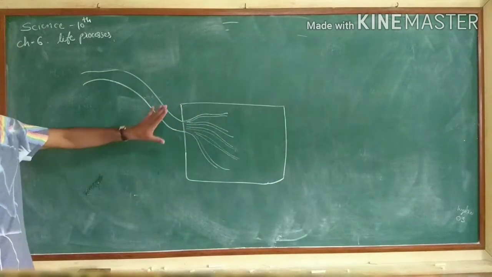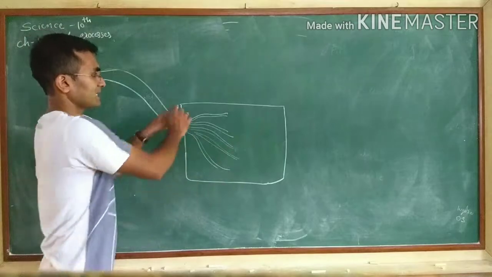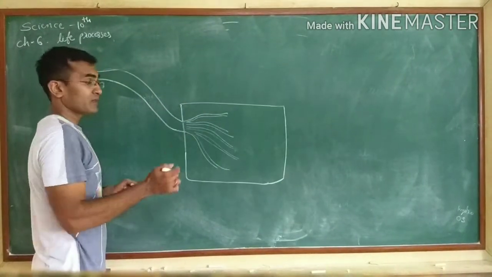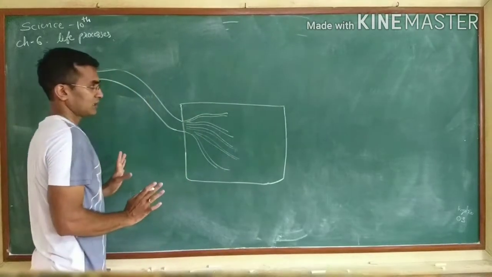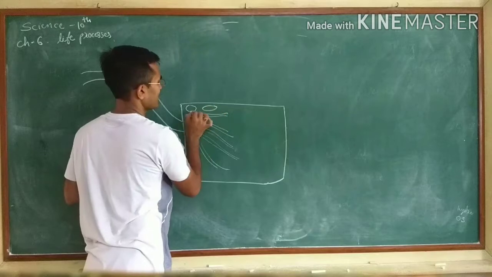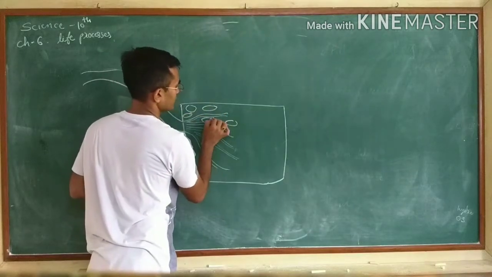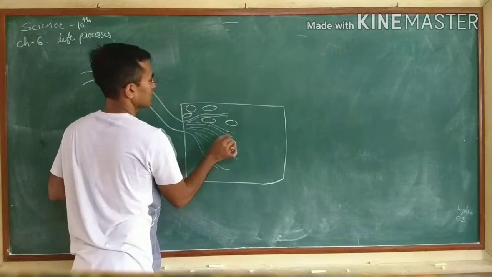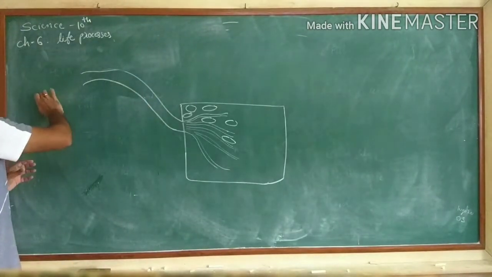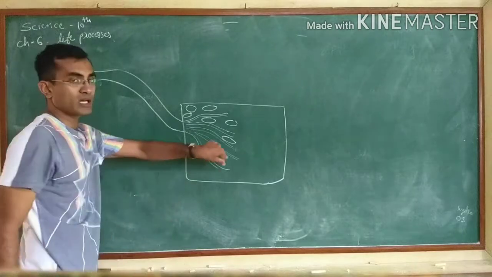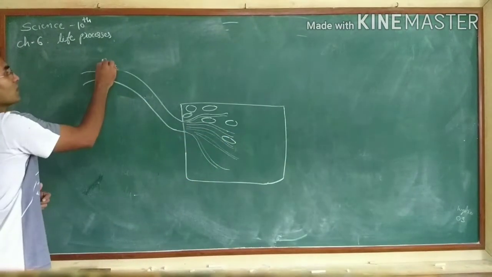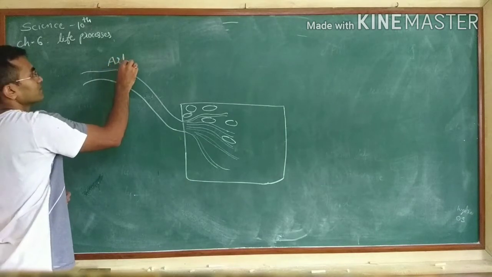Look at this picture. Say for an example, the square part which I have shown over here is any organ. Okay? In the organ, there are certain cells, or we can say the tissue. The vessel which brings the blood, we can say the oxygenated blood, to the tissue is called the artery.